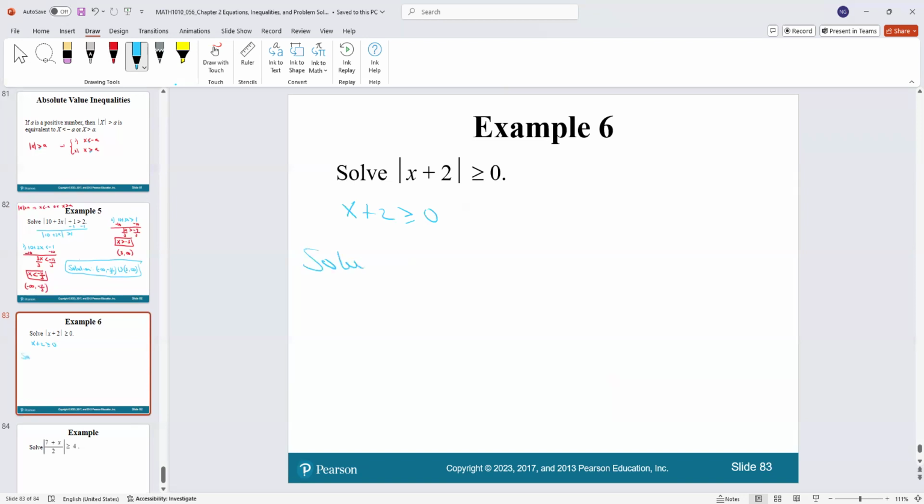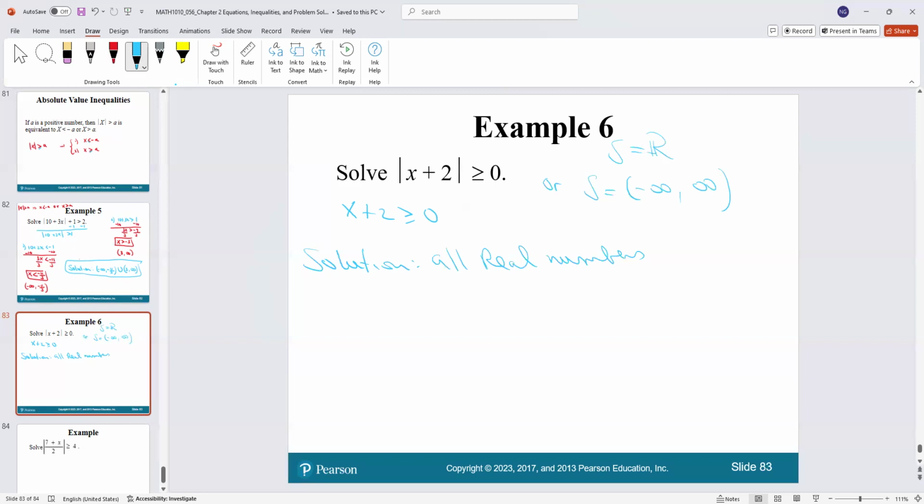Solutions, all real numbers. When we say all real numbers, we say it like this: solutions is all real numbers. Or you can write solutions is negative infinity to infinity, right? So either one.